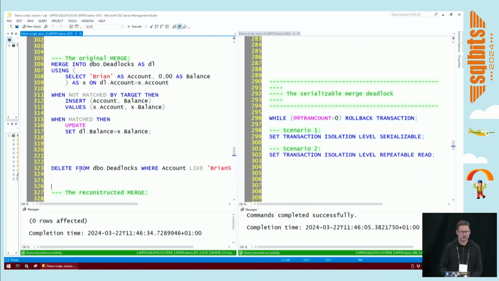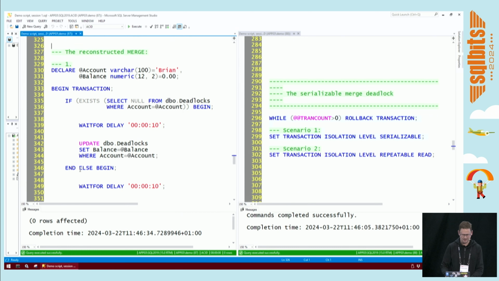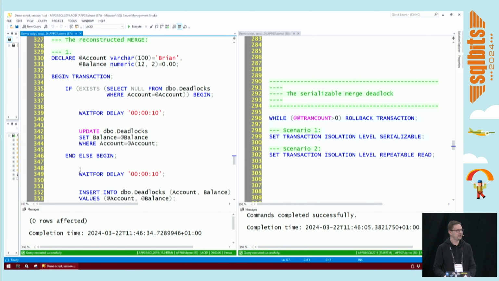So to make this demoable with anything less than 1 million transactions streaming in a couple of seconds, I've reconstructed the merge as basically a transaction. These are the values I want to insert. I'm going to begin the transaction because the merge statement runs in an implicit transaction. I'm going to check if the row exists.